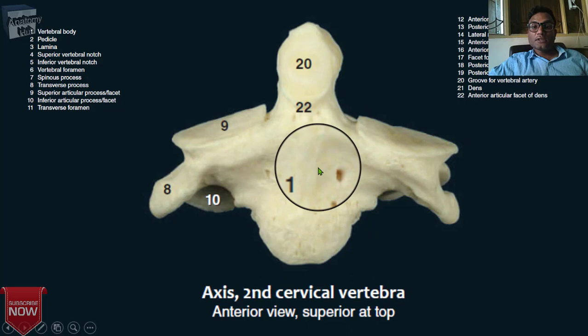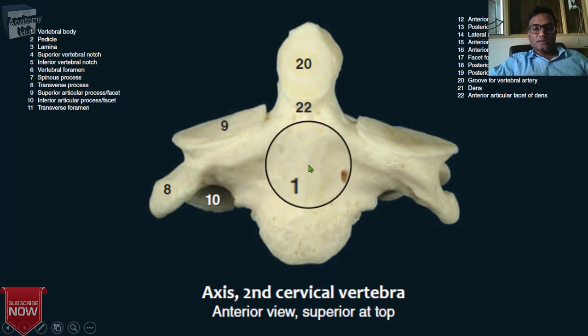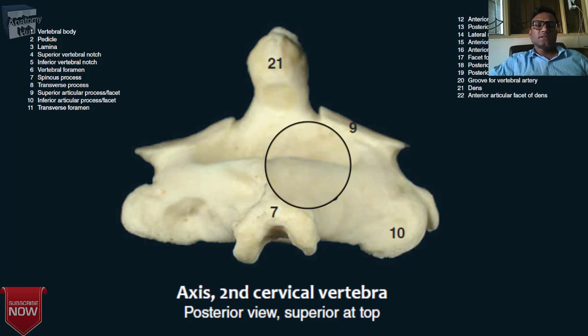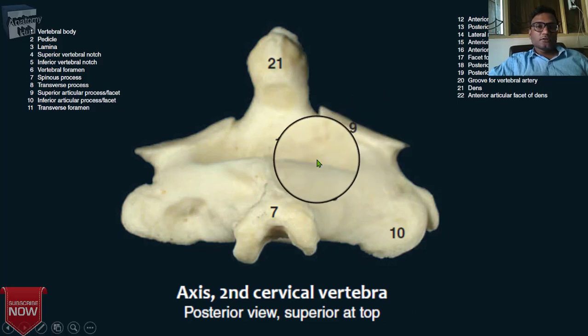So the vertebral body is present in the axis, but it is absent in your atlas, the uniqueness of the atlas. That's why the atlas and axis differ from each other, and that's why they are known as the atypical vertebrae. Now here you'll see the posterior view.